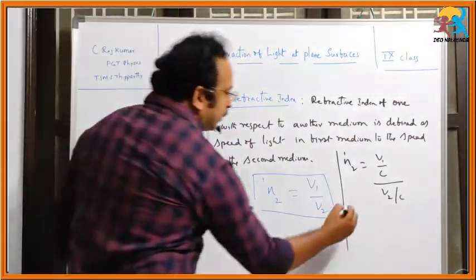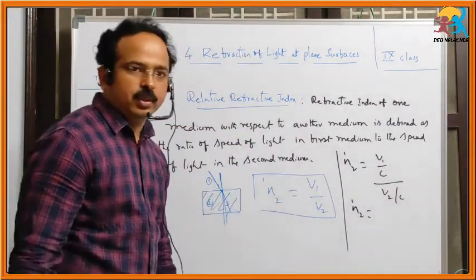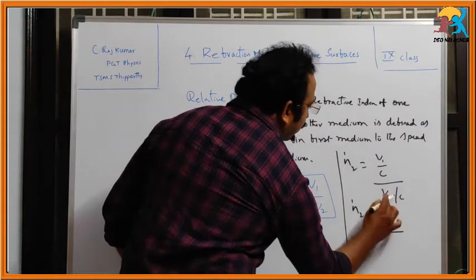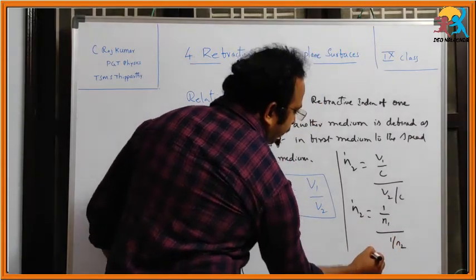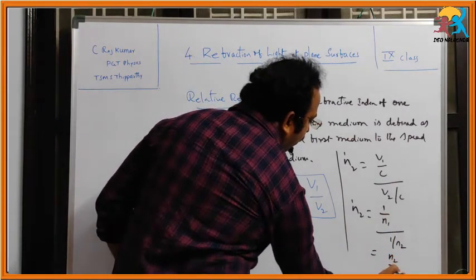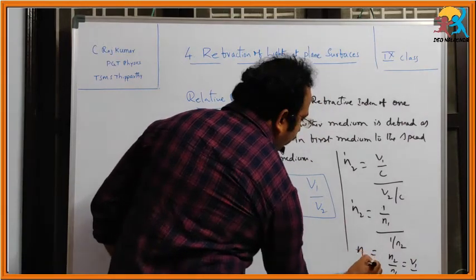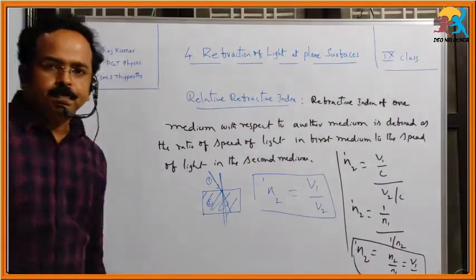So we know that v1 by C is nothing but 1 by n1, and v2 by C is nothing but 1 by n2. Mathematically, n2 goes outside, n1 comes outside. So we get n2 by n1, which is equal to v1 by v2. This is the formula for refractive index of one medium with respect to the second medium.